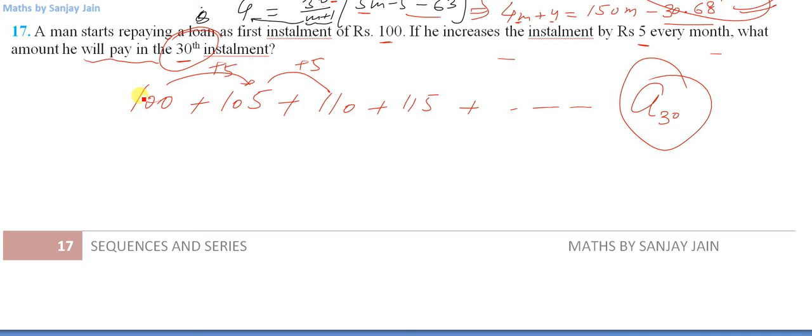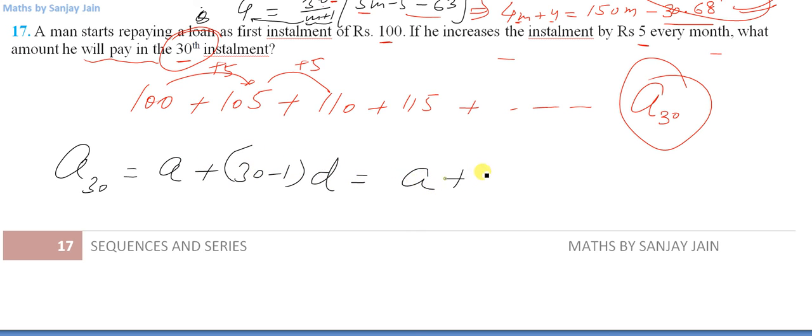I don't have to find the total amount that he has paid. I need to find only the 30th installment, that is A30, which is equal to A plus 30 minus 1 into D. So I need to find A plus 29D, out of which I have A as 100, D as 5.